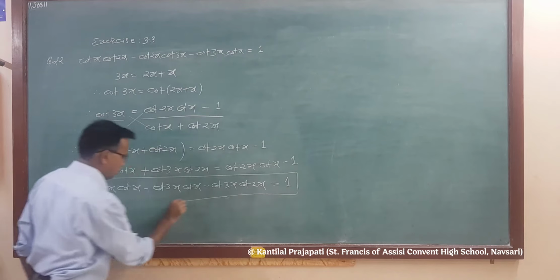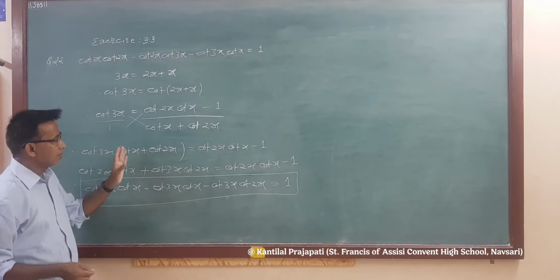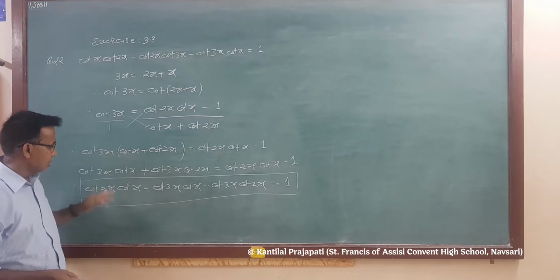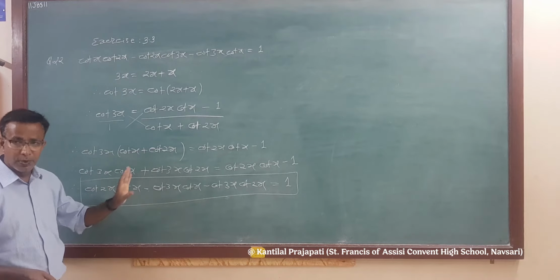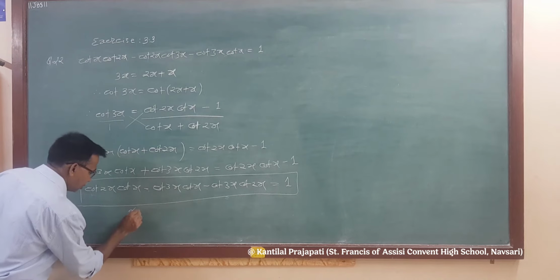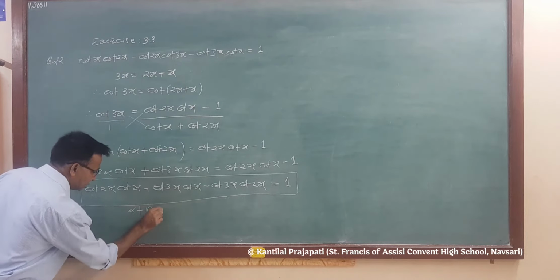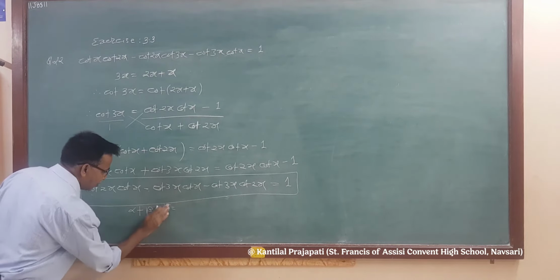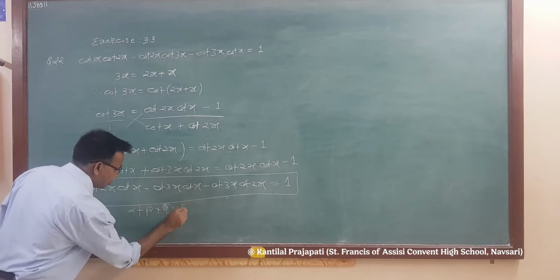Very simple. So again we write here, see the note: alpha plus beta plus gamma is 0. Remember, we have written this for tan also. This is alpha plus beta plus gamma, or we write theta here. Theta is equal to 0.